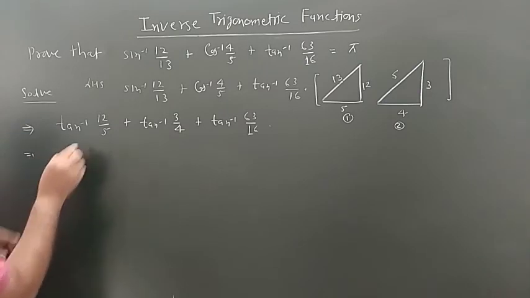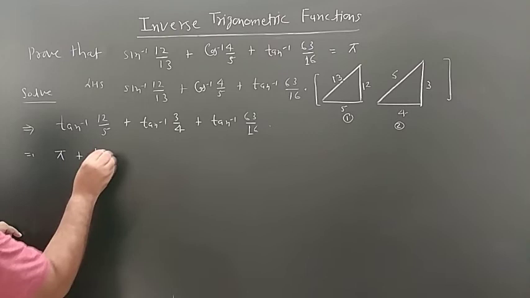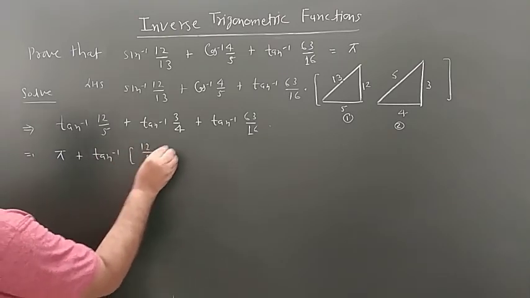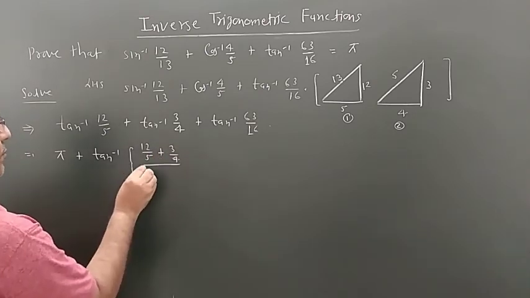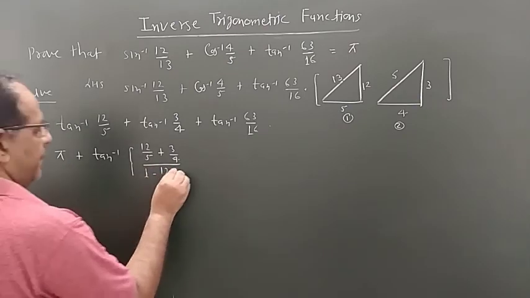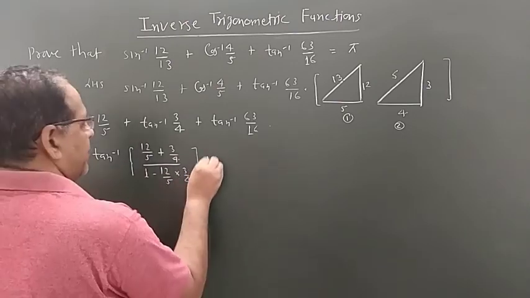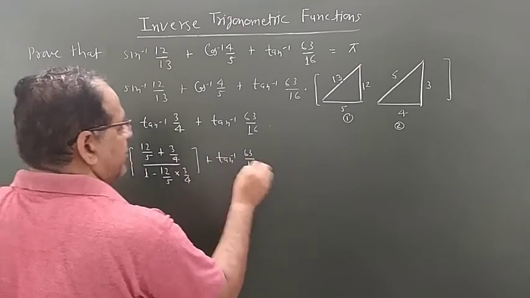Now apply: tan inverse 12 upon 5 plus 3 upon 4 upon 1 minus 12 upon 5 into 3 upon 4, plus tan inverse 63 upon 16.